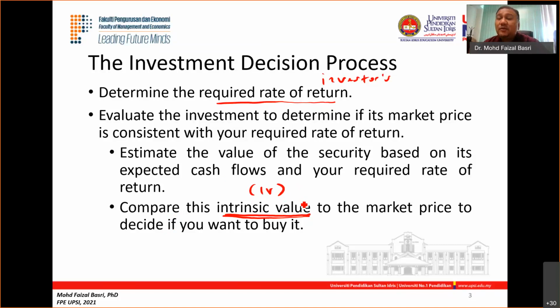There are also a few names, or synonyms, for the intrinsic value. Besides intrinsic value, it can also be called the real value, sometimes real intrinsic value, today's value.